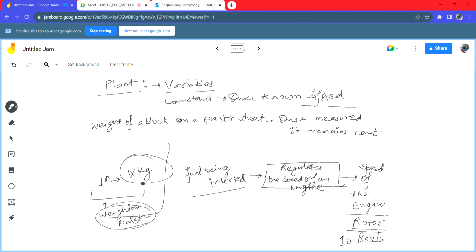Now this fuel in turn is being driven from a pipeline that has a fixed temperature and pressure and volume.